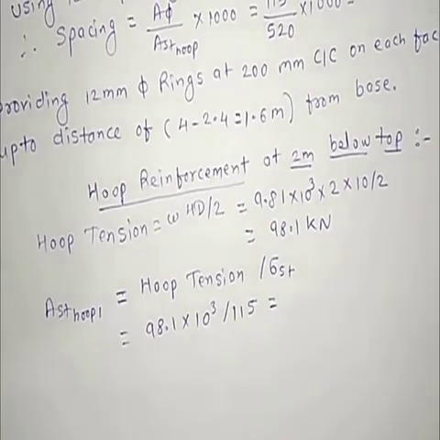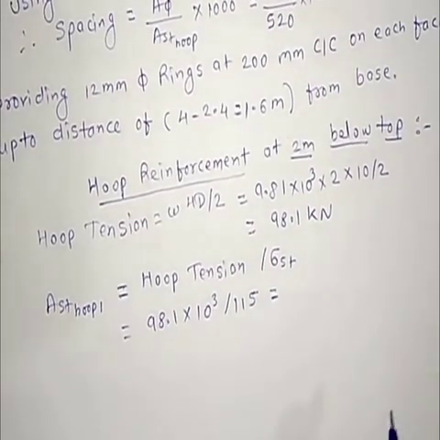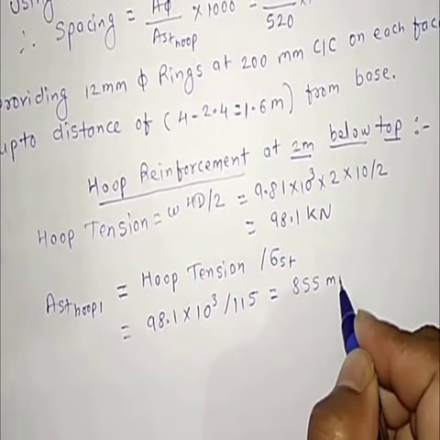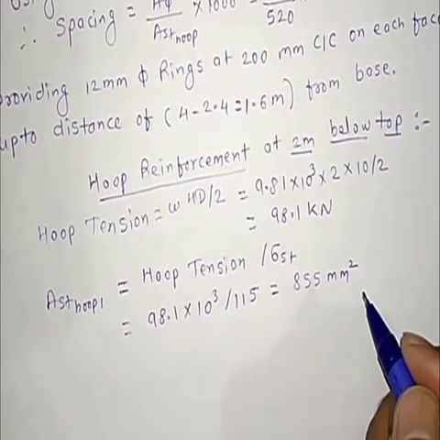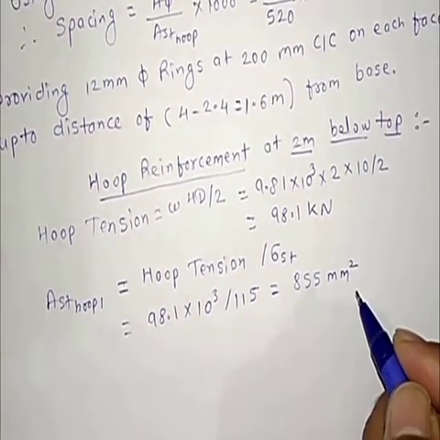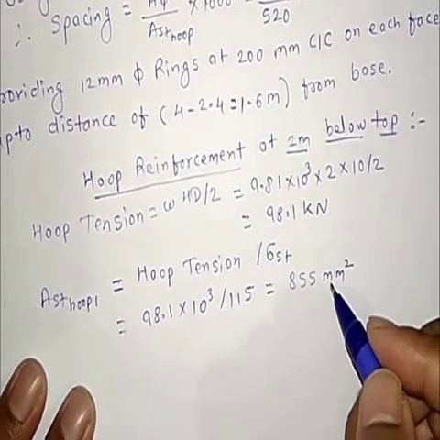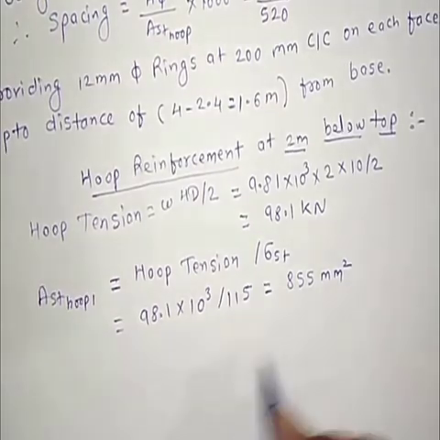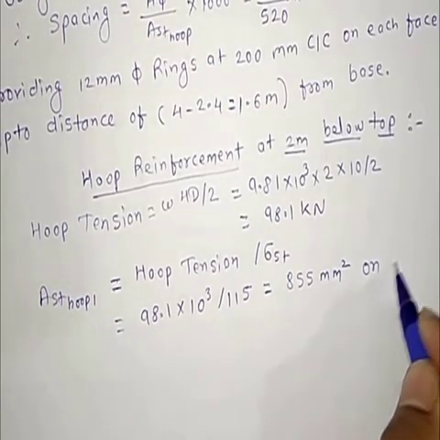If you just calculate this, you will get around 855 mm square, and this is on both the faces.